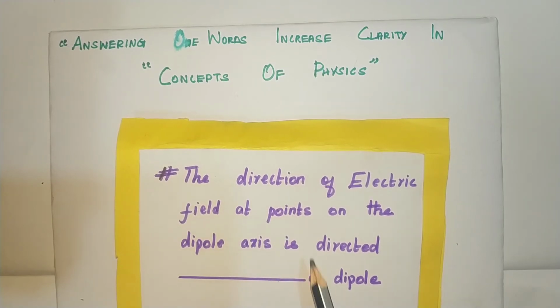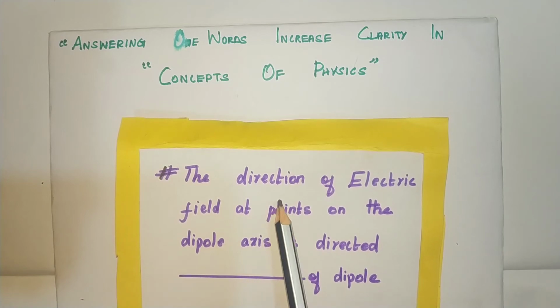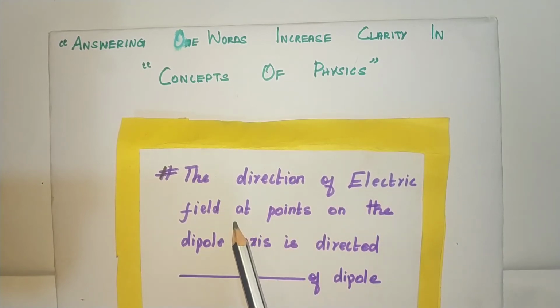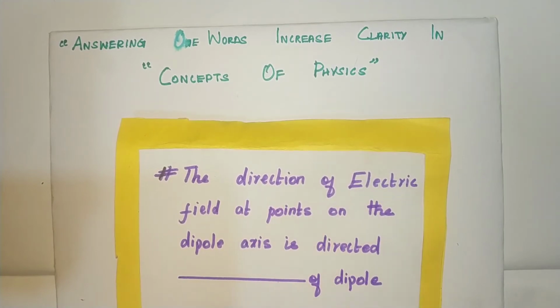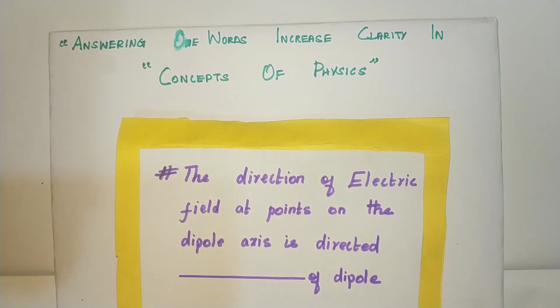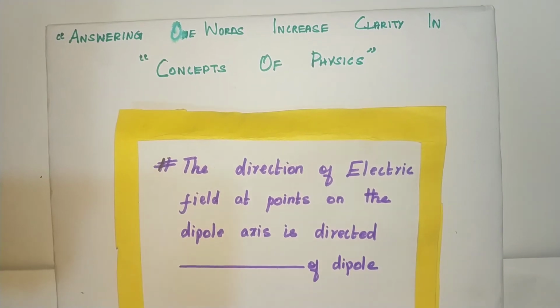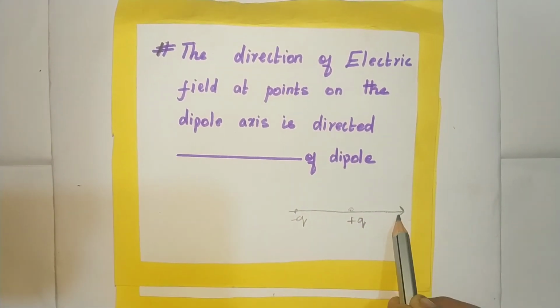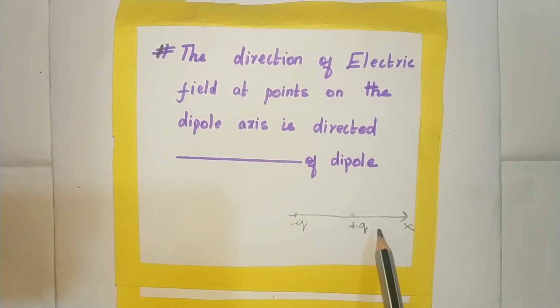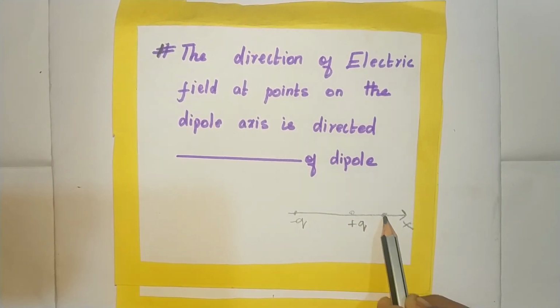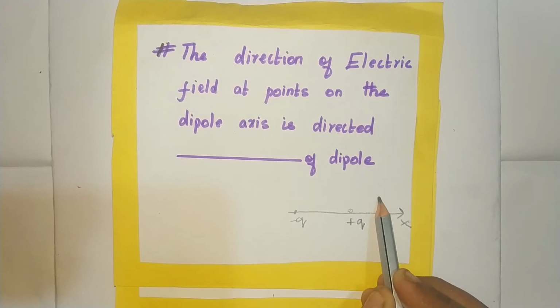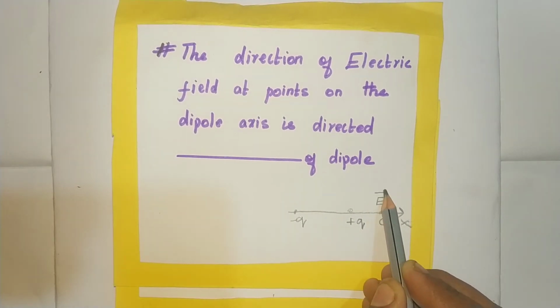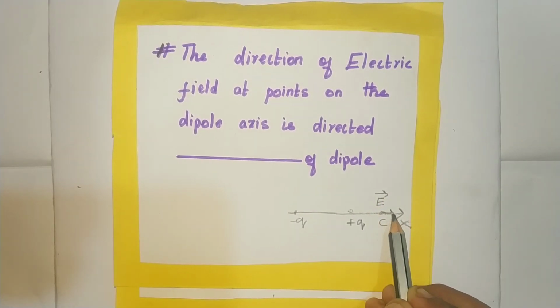Students, first you visualize the given point. The direction of the electric field at points on the dipole axis. What is given? There is a dipole, minus q and plus q. They are on the axis, the dipole axis. Okay. Now we assume a point C and the electric field E vector is in this direction.